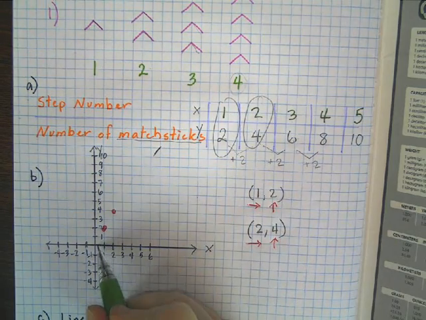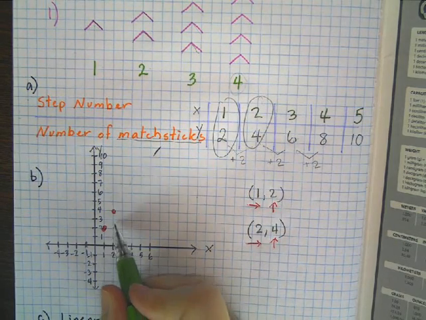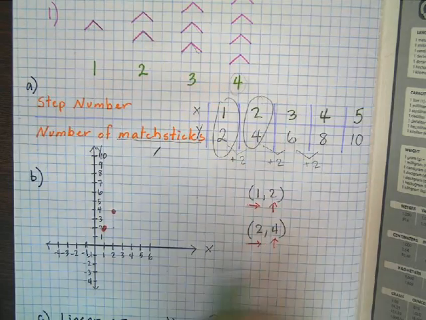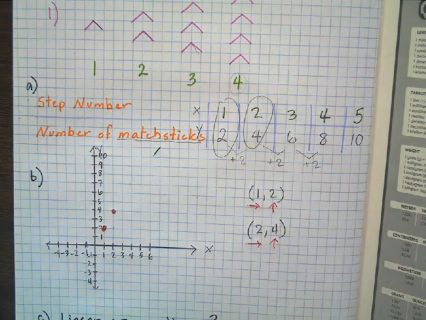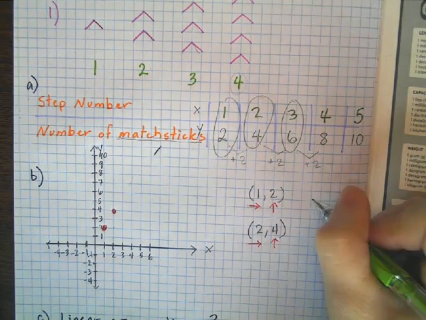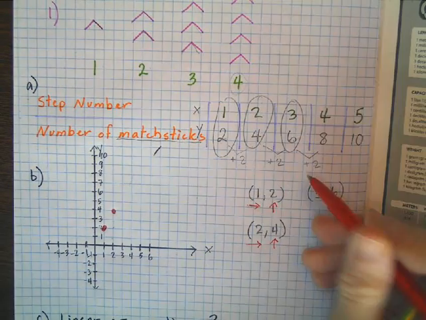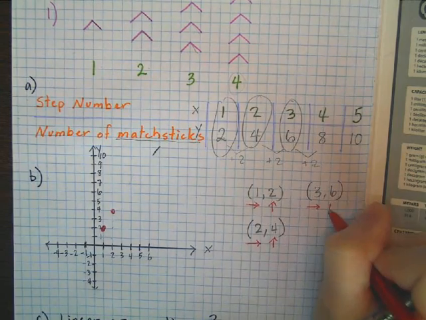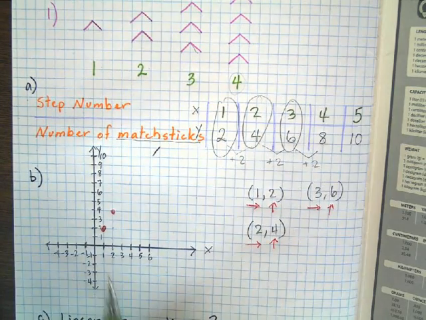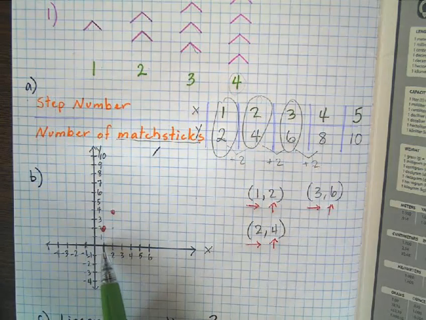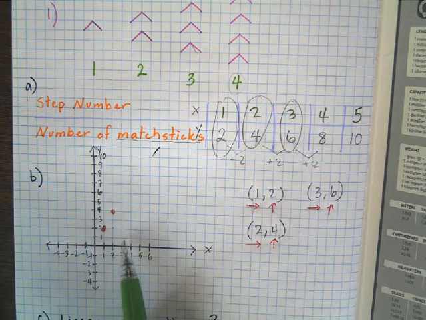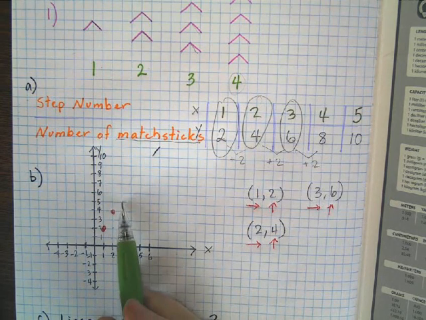So 1, 2, 1, 2, 3, 4. That's that point right there. Okay, the next point, 3, comma 6. It's to the right, and then up. So I start at 0, 3 to the right, 1, 2, 3, and then up 6. 1, 2, 3, 4, 5, 6. It's right there.